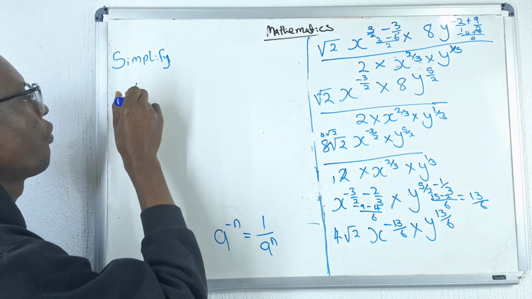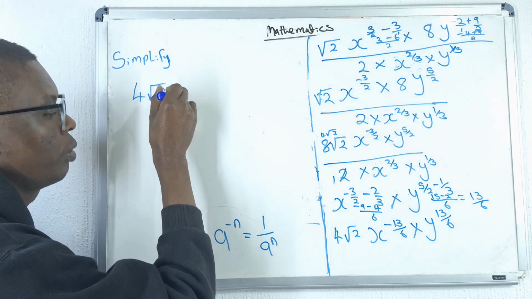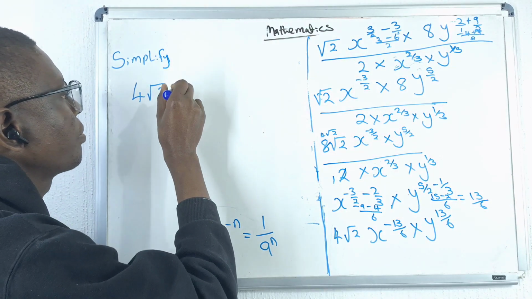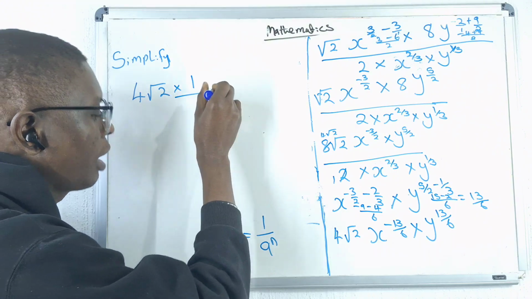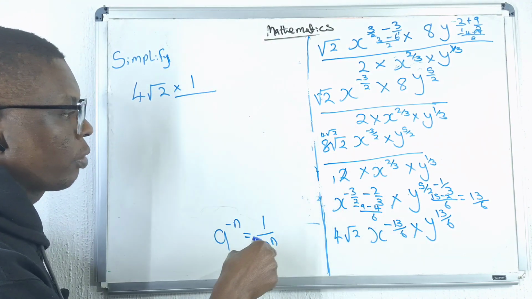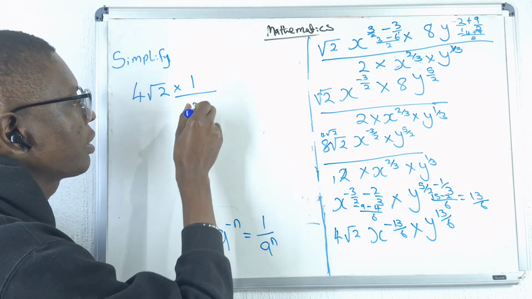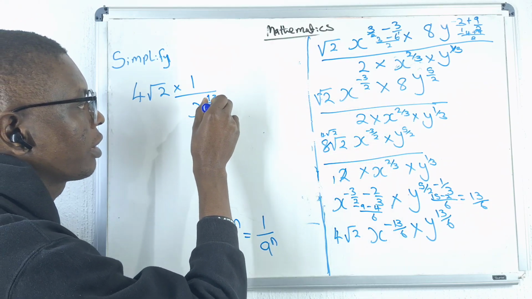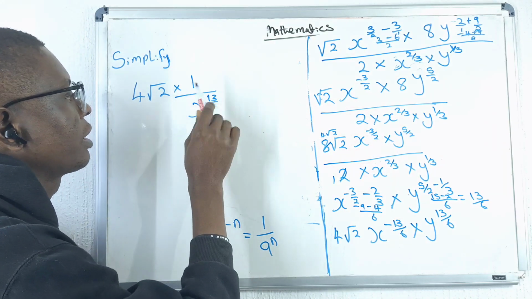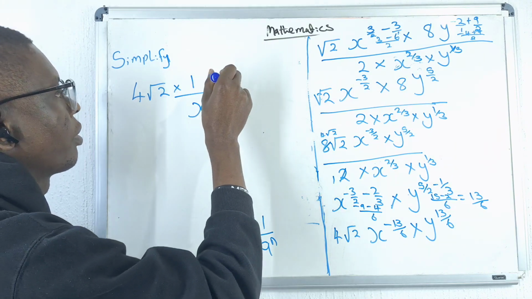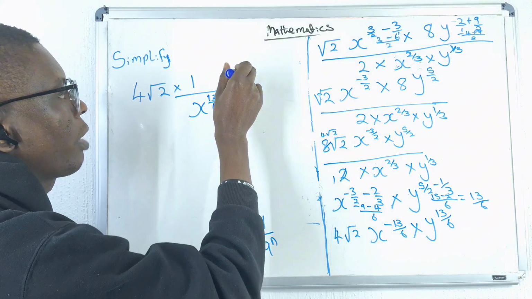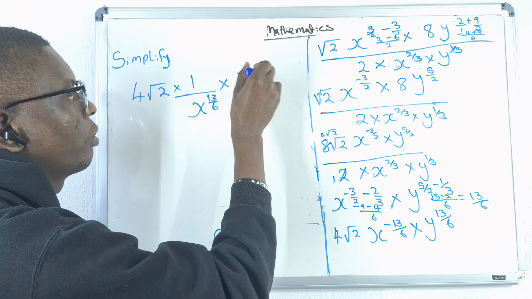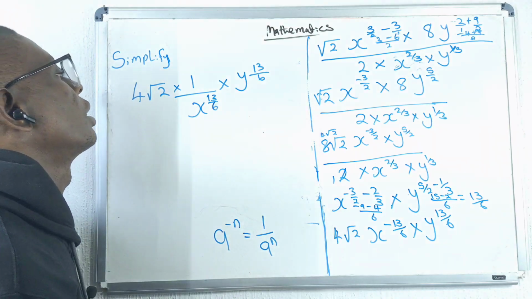So this will become 4 root 2 times 1 over, what's our x now? x raised to power 13 over 6, times y raised to power 13 over 6.